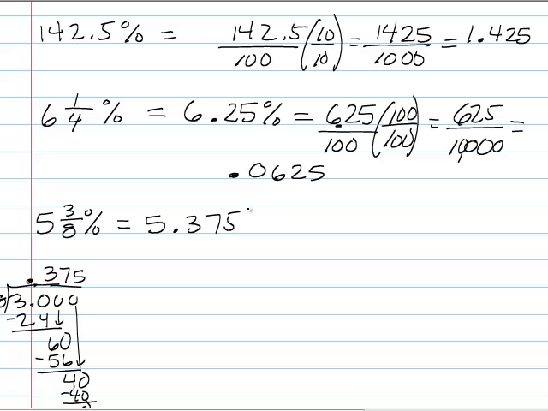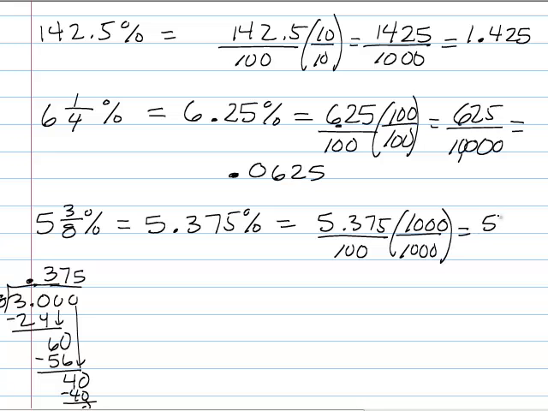5.375%, and this would be, we can remove the percent by putting this over 100, 5.375 over 100. We want to get rid of the decimal in the numerator, and so we will multiply the numerator and the denominator by 1,000. We get 5,375 over, we're going to need 5 zeros, 2, 3, 4, 5.